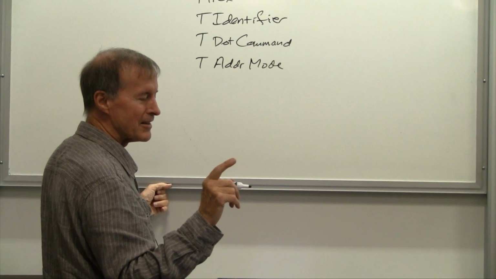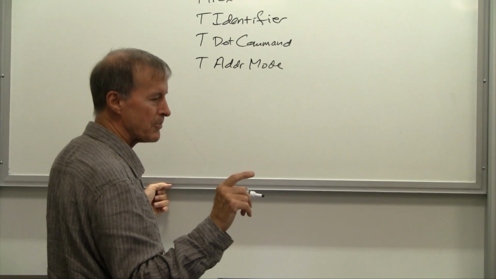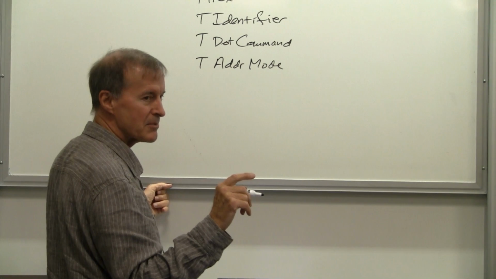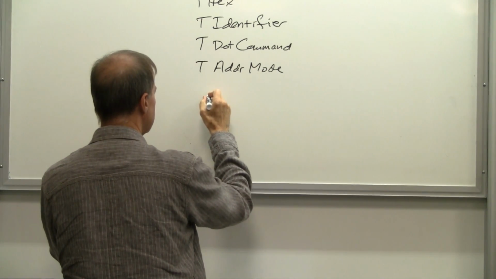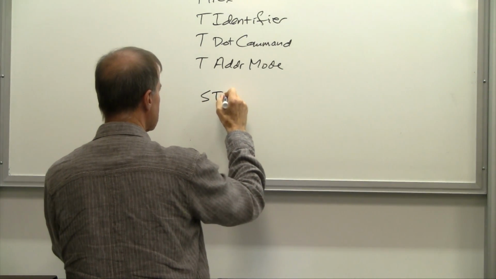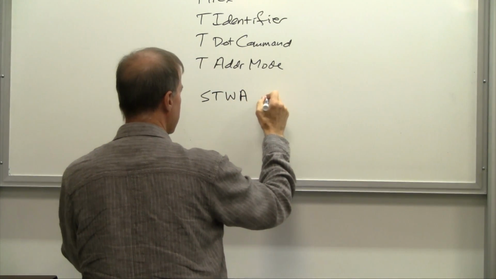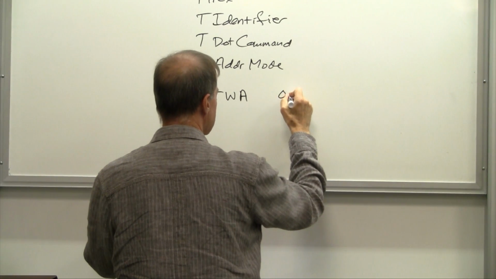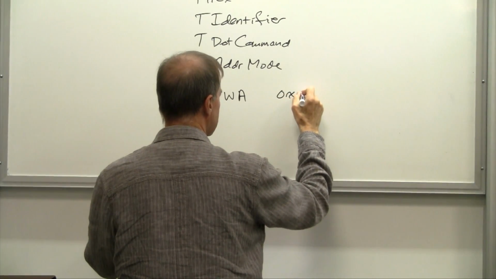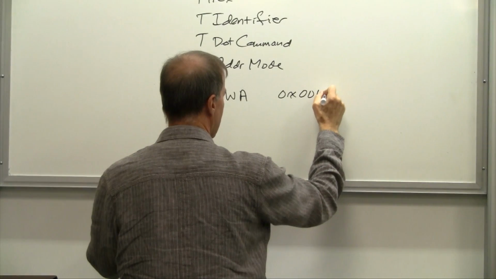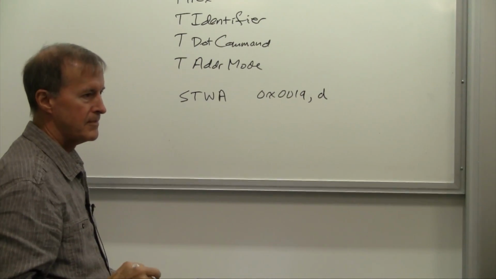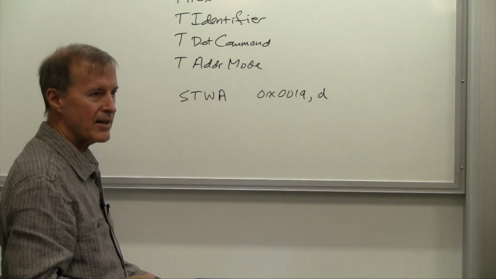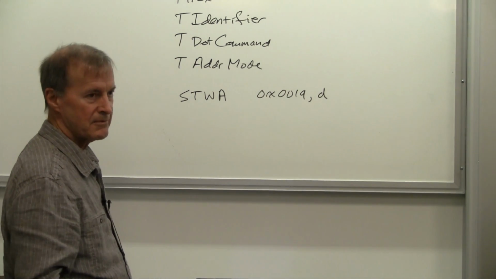So let's do a few sample PEP9 assembly language statements. Suppose we have this: store word accumulator 0x0019, comma, D. This is certainly a valid PEP9 assembly language statement, right?